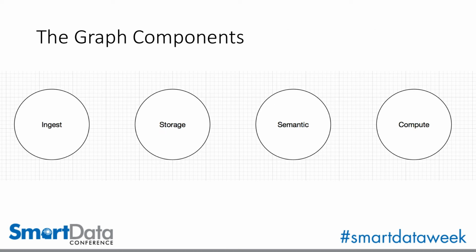There are a lot of graph components that I'm sure you've all heard about so far this week, and for a while that even caused me confusion as I was trying to make sense of all the different offerings across the different vendors. In looking at it, I categorized it into these, and you could add a fifth one that would be visual as well. But essentially, you've got your ingest. That's your ETL.